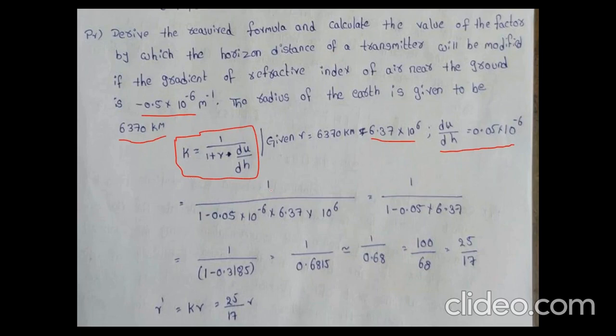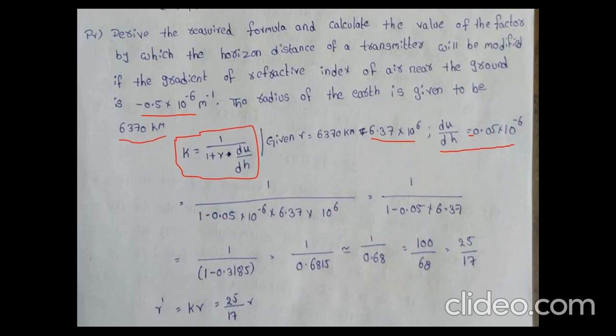Okay, and substituting these values, 1 by 1 minus, because du by dh is minus. Sorry, here minus is not mentioned. Minus will be there. Okay, minus 0.05 into 10 power minus 6. So that becomes 1 minus 0.05 into 10 power minus 6 into 6.37 into 10 power 6.